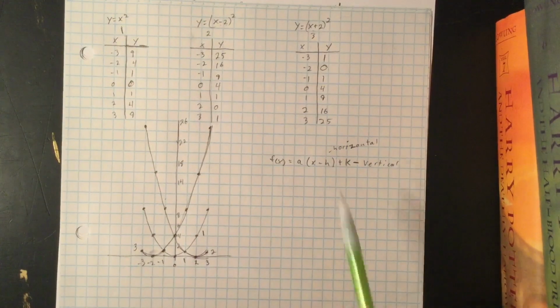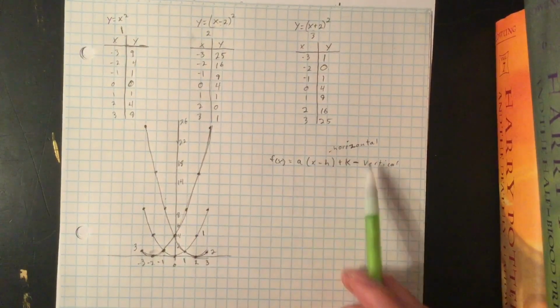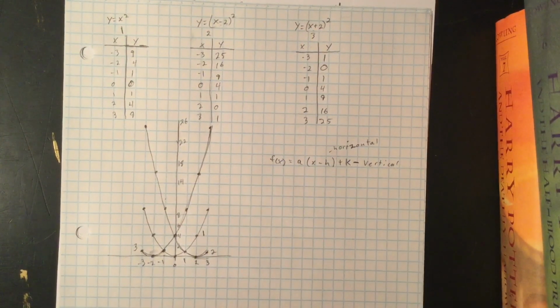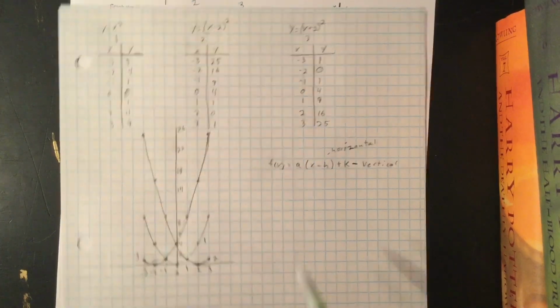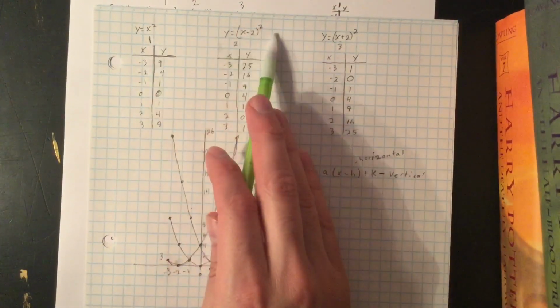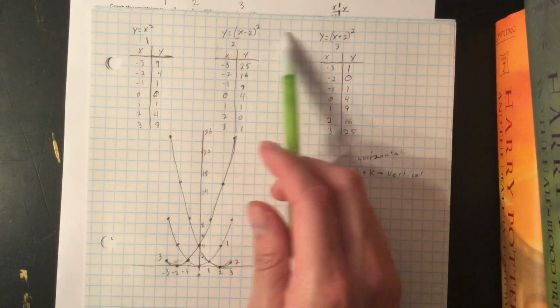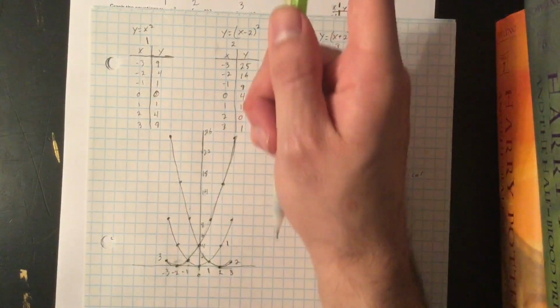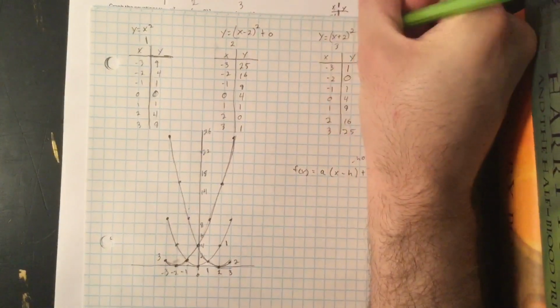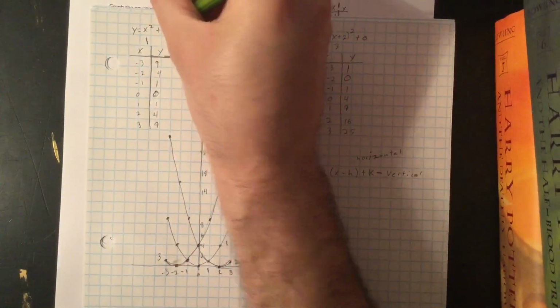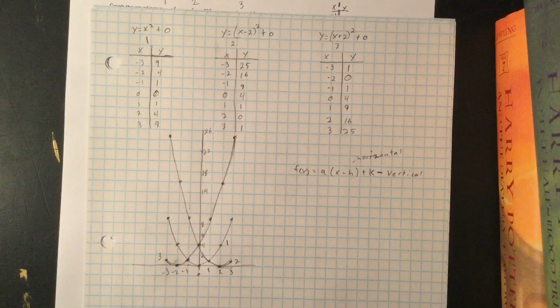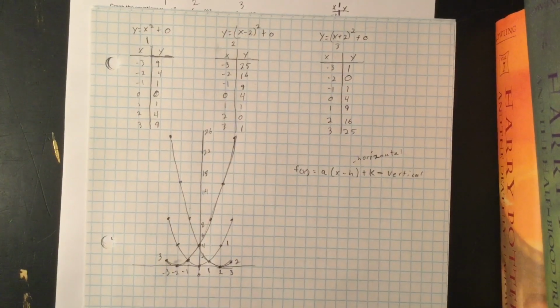So this here we can start to use to identify where our vertex is going to be. The other thing is, if we were looking for this k value, this k value would be 0. It'd be a plus 0 on the outside. So if we wanted to write that in, we could, plus 0, plus 0, plus 0. So we aren't moving it at all vertically, up or down.